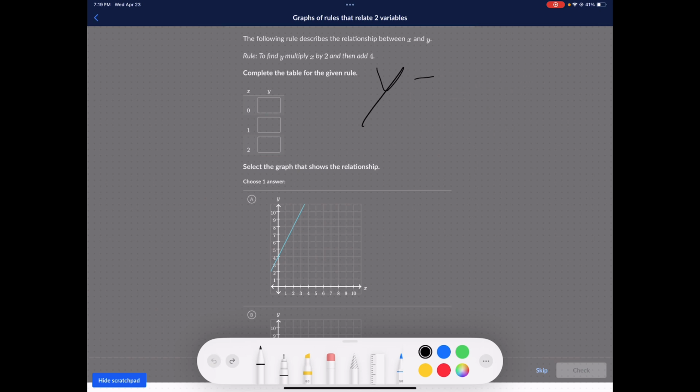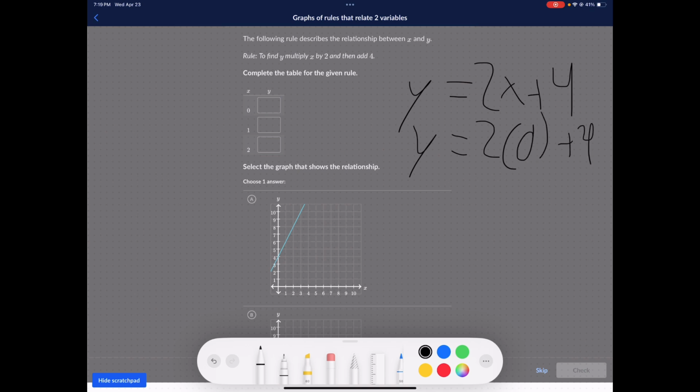Anyways, our problem is y equals mx plus b. So multiply by 2 and then add 4. What would be our slope here? It would be 2, because that's m. And then what about b? 4. So plus 4. Now we plug in x. So we have y is equal to 2 times 0 plus 4.